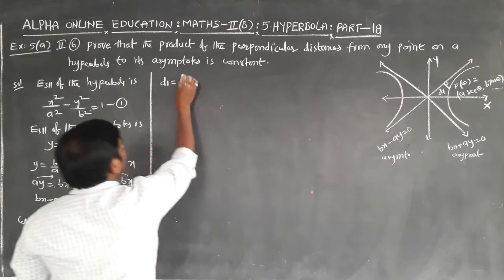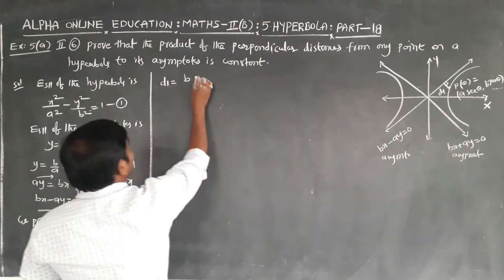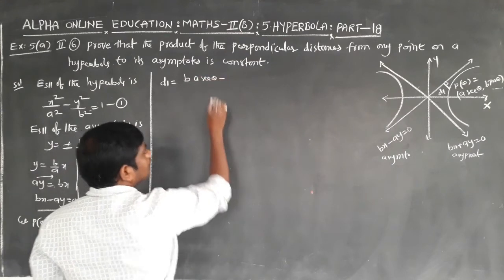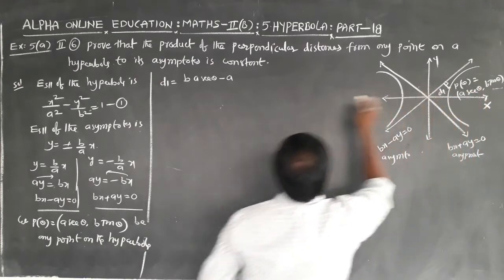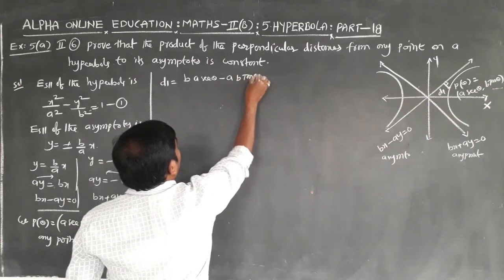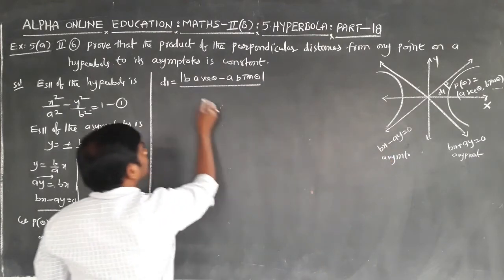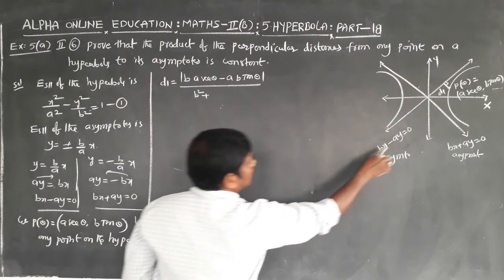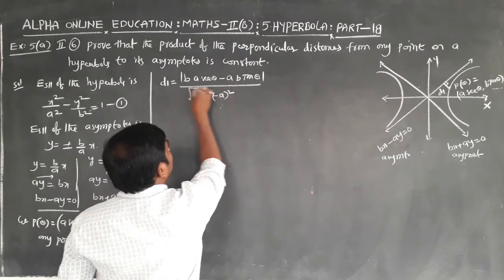Substituting x equal to a secant theta and y equal to b tan theta, divided by the square root of the x coefficient squared, b square, plus the y coefficient squared, minus a whole square.